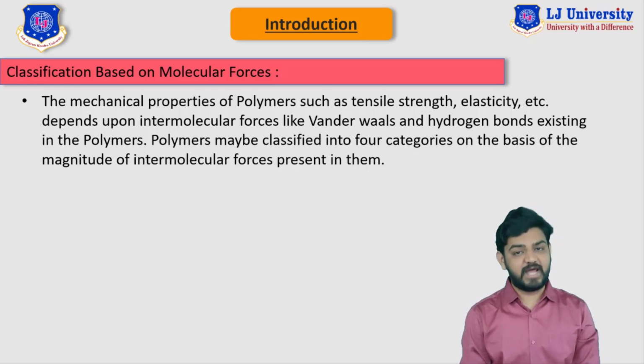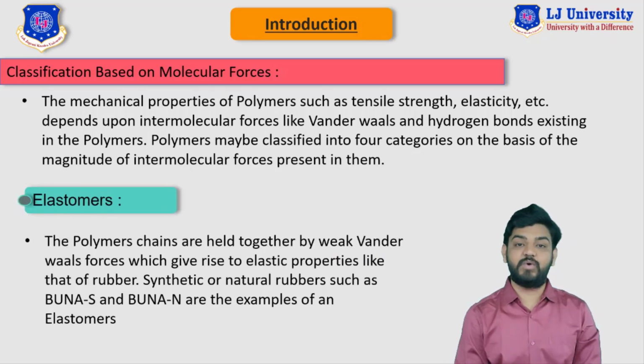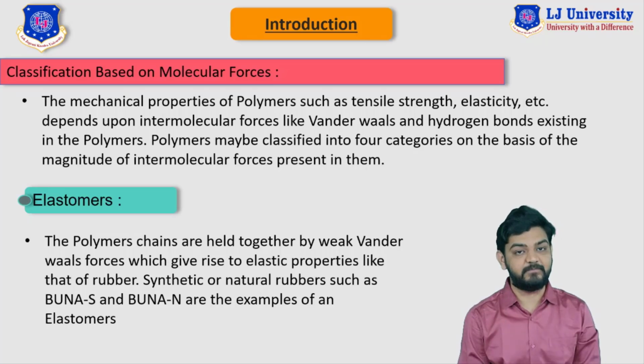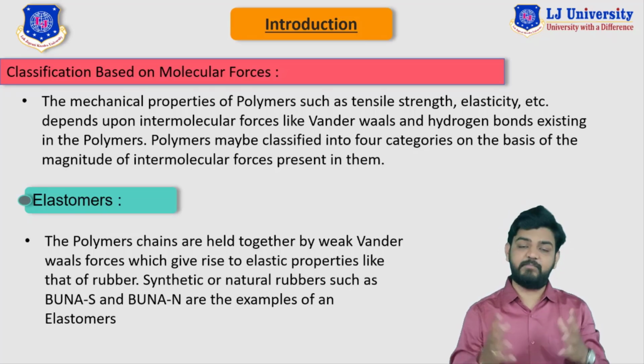So let's just start with the elastomer. Well, here on the screen you can see that the polymer chains which are held together by weak van der Waals bonds are considered as the elastomer. So the polymers which are joined or linked with the van der Waals bonds can be considered as the elastomer. We have already seen this van der Waals bond is basically a weak bond.